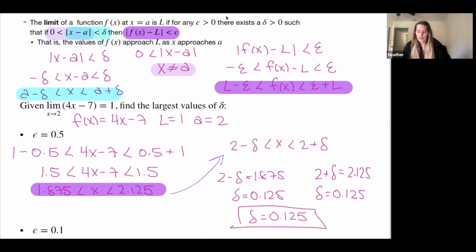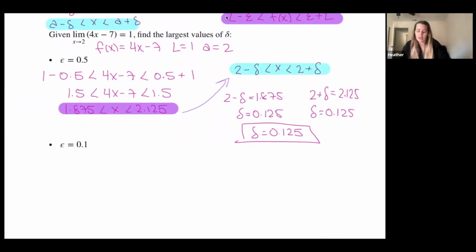So now we can go ahead and do that with the second piece of this problem, which is just changing epsilon from 0.5 to 0.1. All right, so still leveraging what we have above, I'm going to go ahead and do the same thing using L minus epsilon, f of x, and then epsilon plus L. So I got 4x minus 7 is in between 0.9 and 1.1.